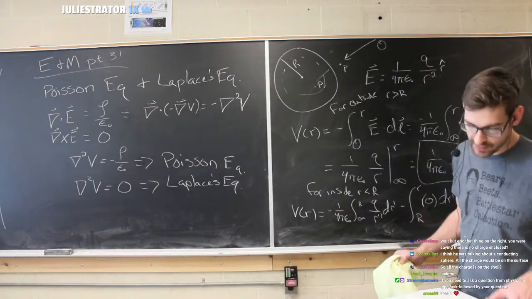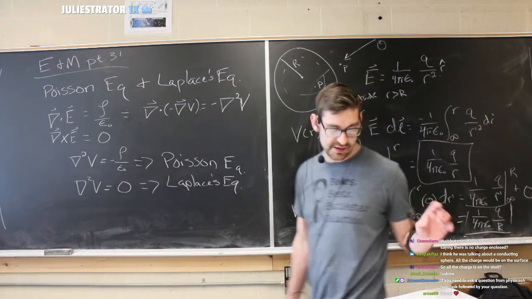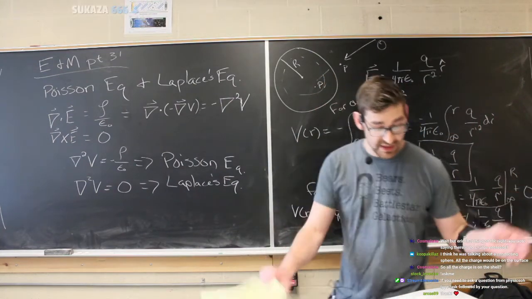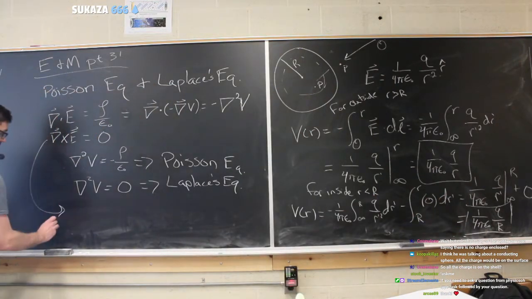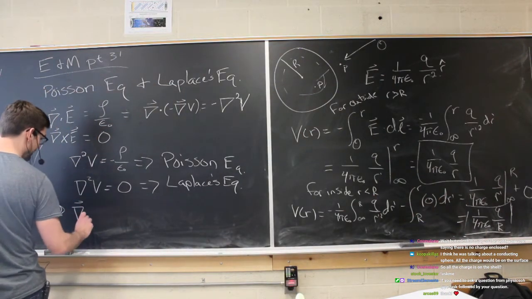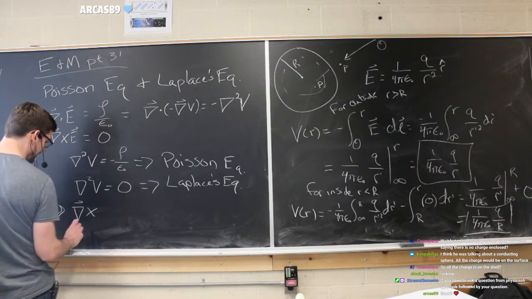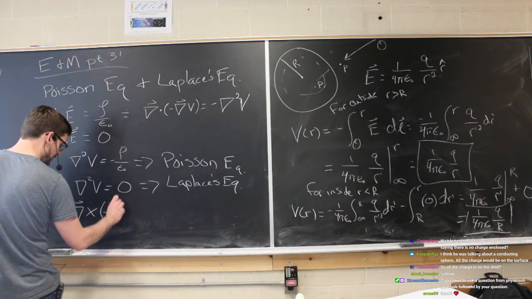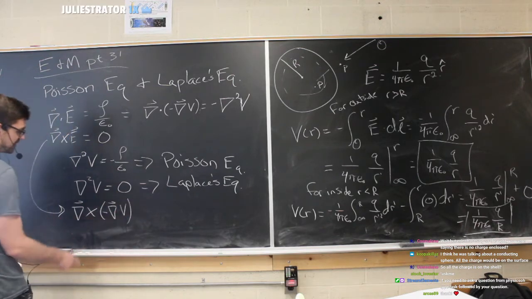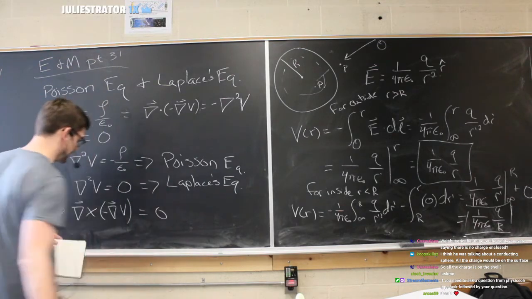Now we learned about Laplace's, and oh no, we didn't do the curl yet, so let's do the curl too. That's important. We'll have the curl of the divergence. And what does this mean? Well, these are going to be the same vectors, so this is going to be equal to 0 as well.